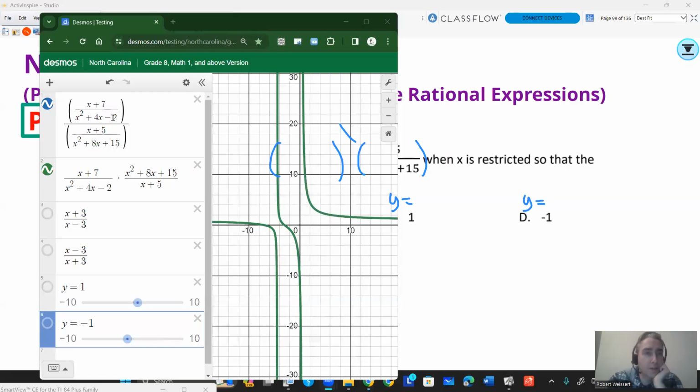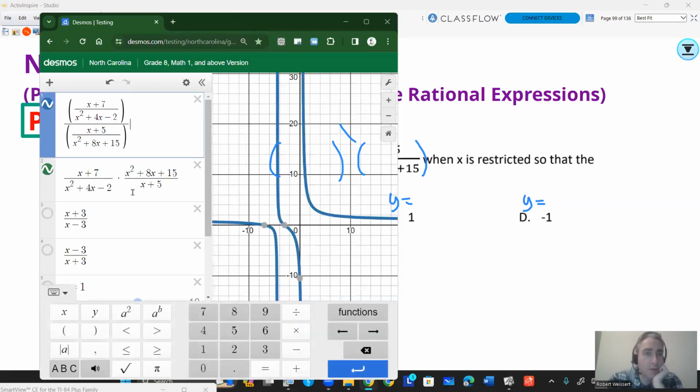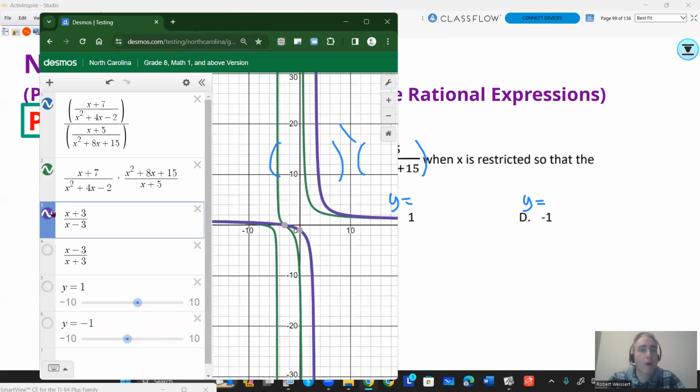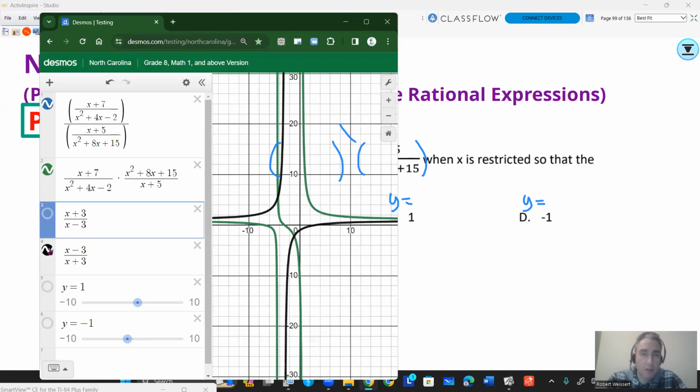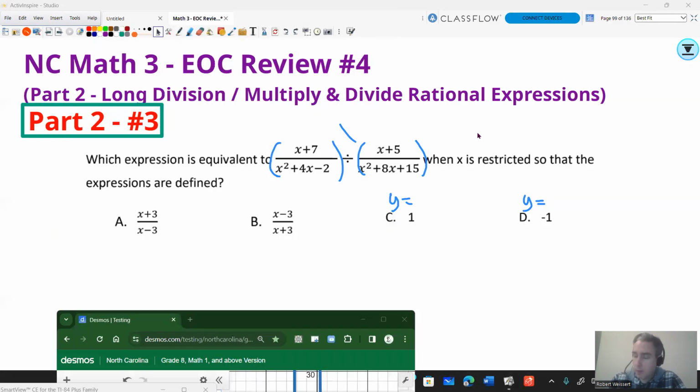All right, so here are my answer choices for either the keep, change, flip or the original. If I reveal them, the first one is a little bit off, so I'll hide that. The second one, hold on, I think I typed something wrong. I have a typo in here, so I'm going to fix that right now. Hopefully what I shared with you will be updated. That should be a 21, not a 2.